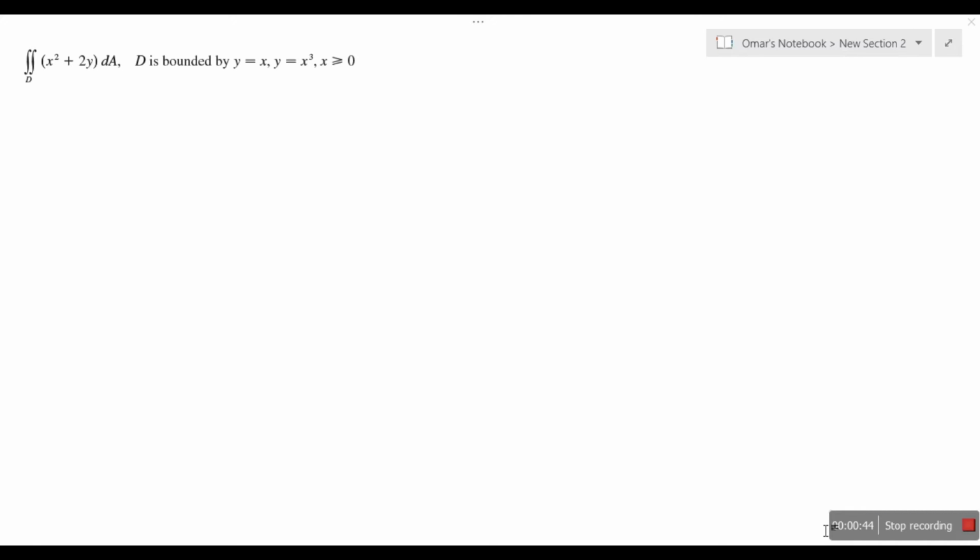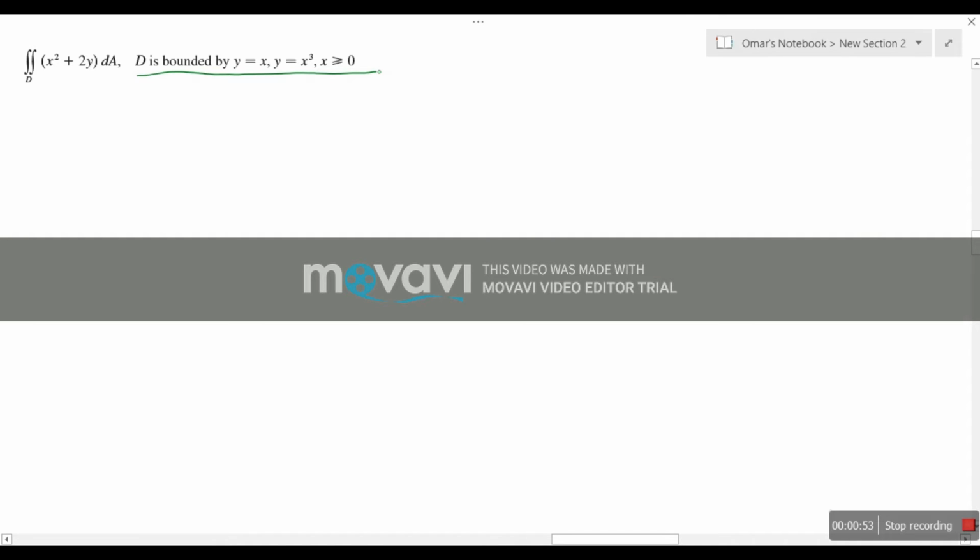In order to solve this problem, we first want to know the bounded region. If we know the bounded region, we can solve the equation.